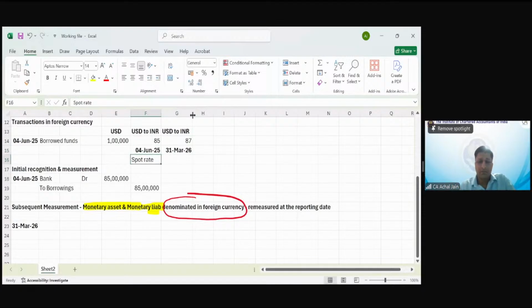There is a liability which is recorded in the books at what rate? 85, correct? Now, you need to update this liability at what rate? 87. So will the amount of liability increase or decrease?